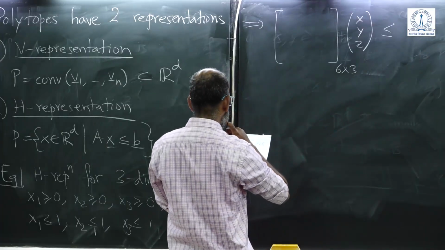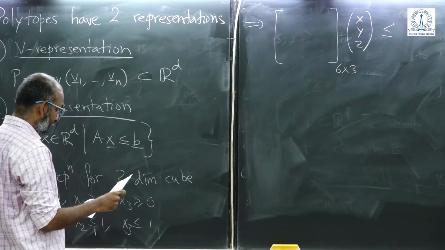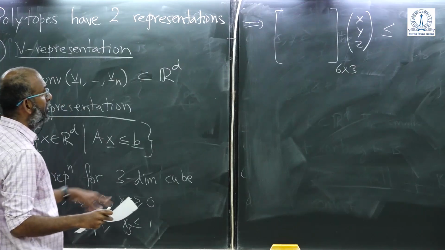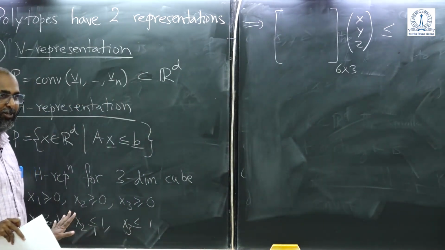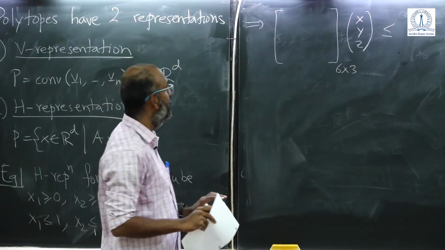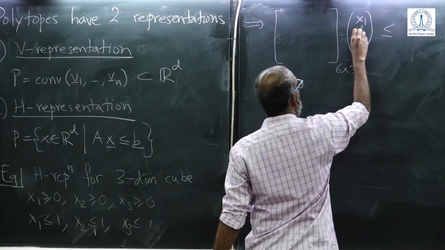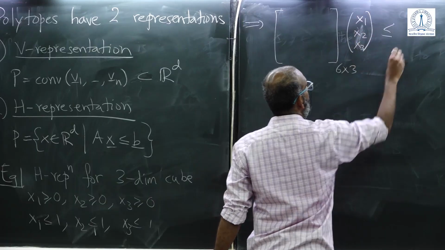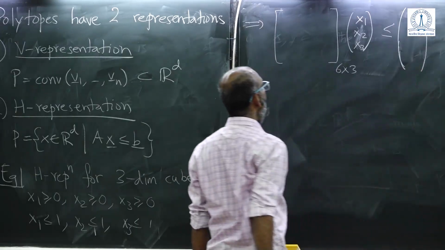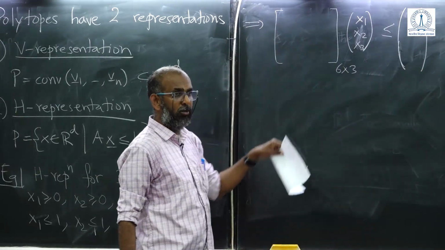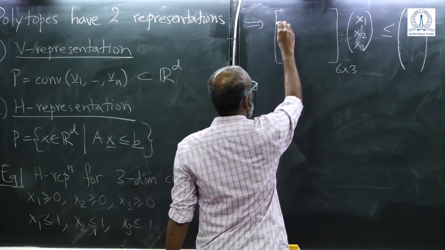So now let's see. These three are naturally less than or equal to, so let us just write those first. To avoid confusion, I'll write x1, x2, x3. So here I'll have a 6-dimensional vector. What is the first row? 1, 0, 0.